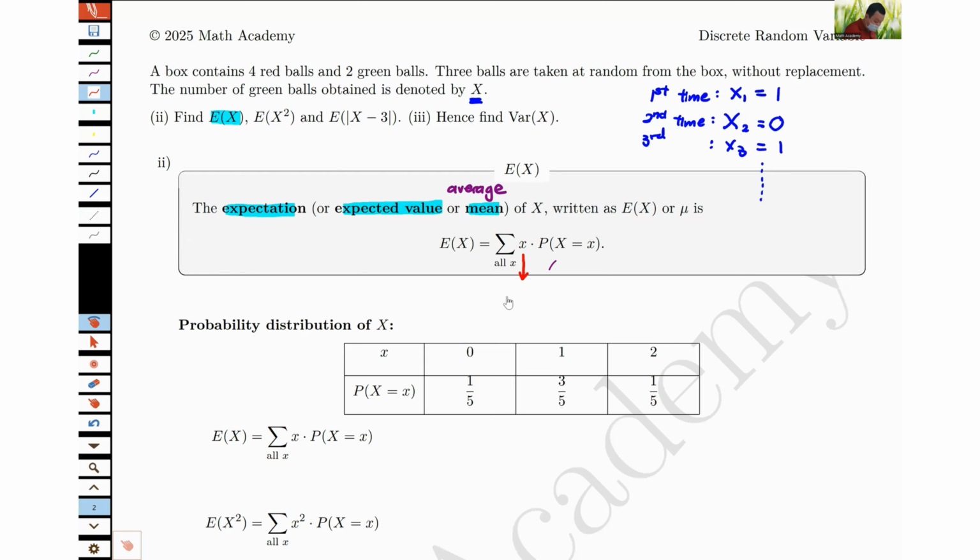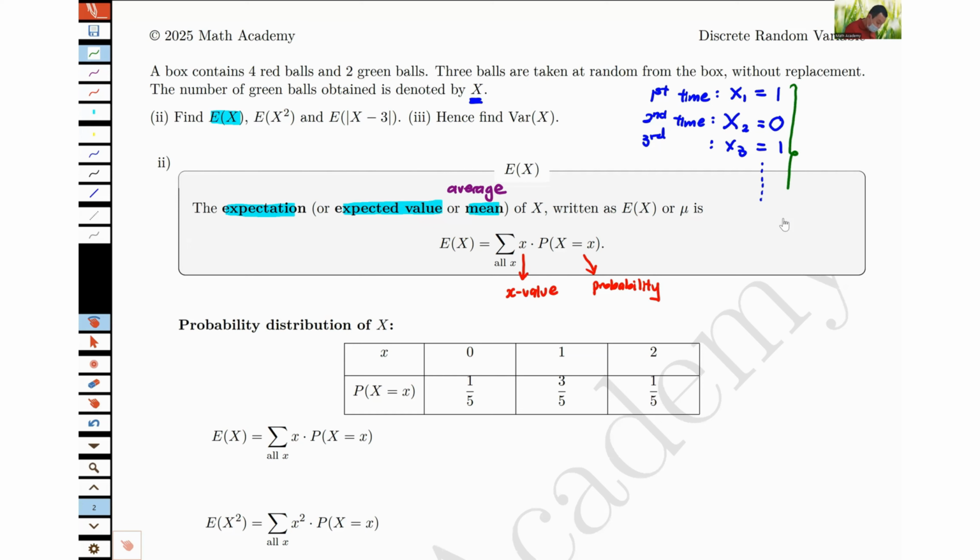You're going to take the X value of the variable, whatever X outcomes it could be, and you multiply it to its respective probability. Before we sum up, take X value, multiply to probability, and sum up. So what this actually means in context is that, remember I could do this first, second, third, and fourth time and so on.